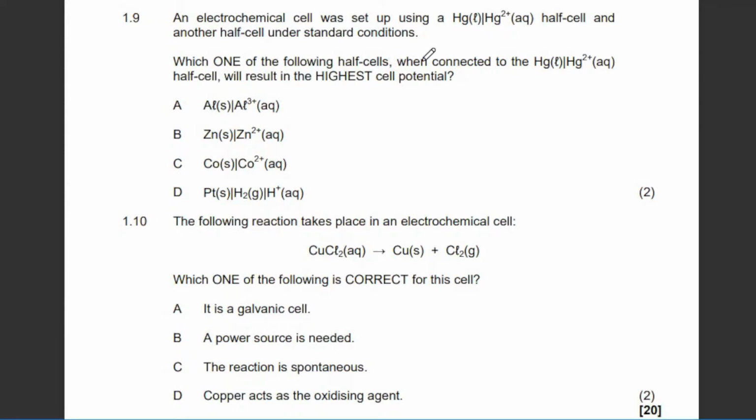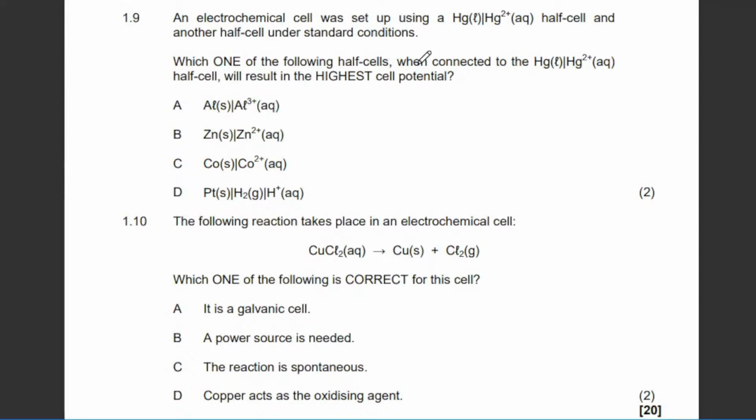Don't forget that when you talk about the standard conditions, you must talk about 1 atmosphere, 25 degrees C, and 1 mole per decimeter cubed, or 1 molar. So that's what they are saying.